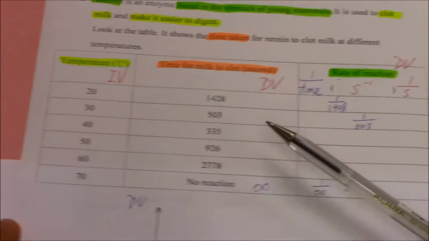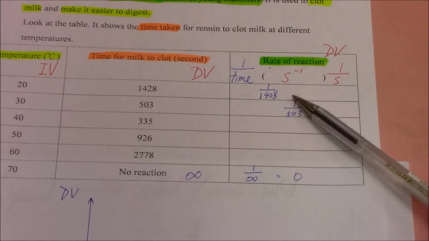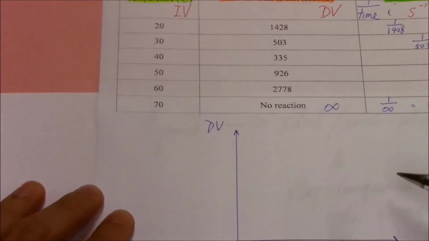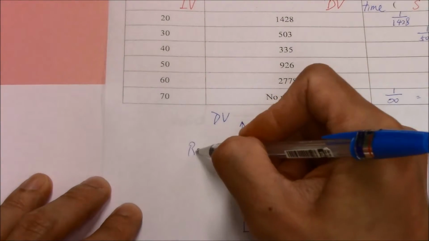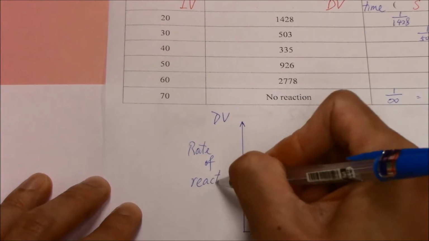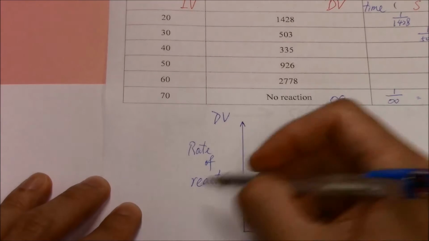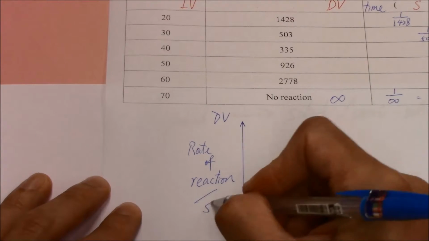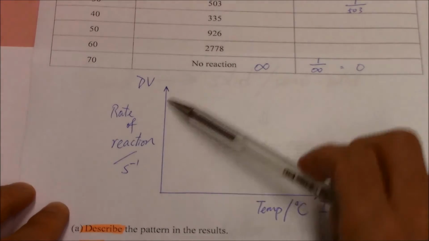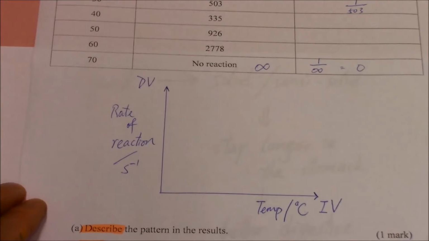It must ask you to calculate the rate of reaction first. So if you need to plot the graph, the rate of reaction will be the y-axis. Remember the unit, per second. So if you are asked to plot the graph, you know what to do.